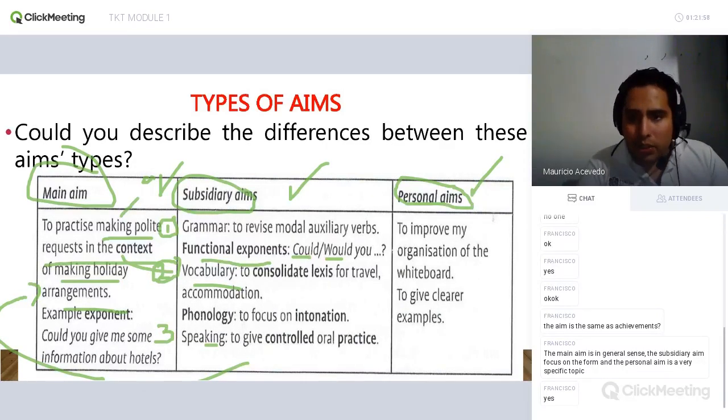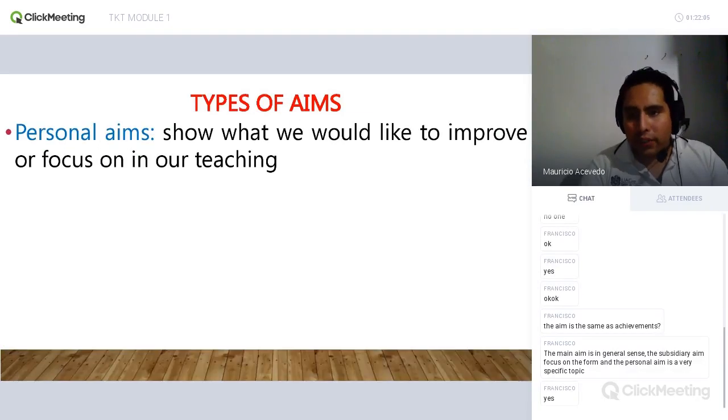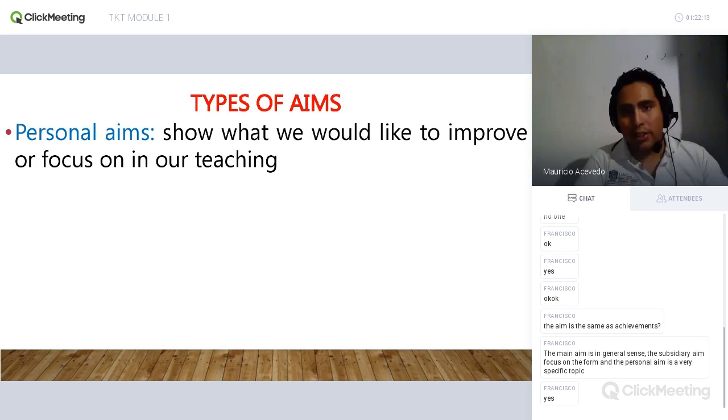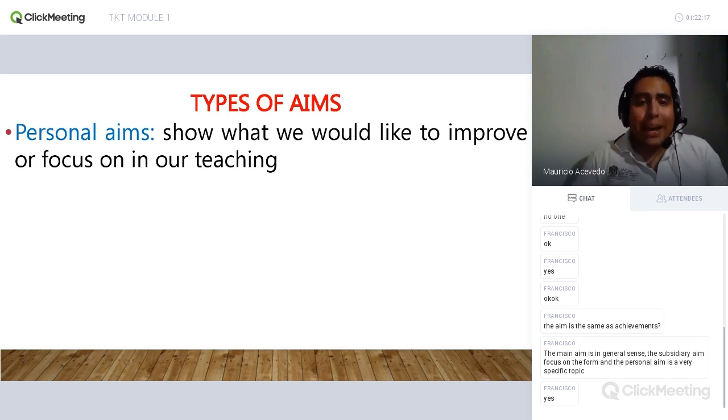And basically, personal aim, as it says here, to improve my organization of the whiteboard, to give clear examples. This personal aim shows what we would like to improve or focus on in our teaching. So what we want to do better in our teaching.